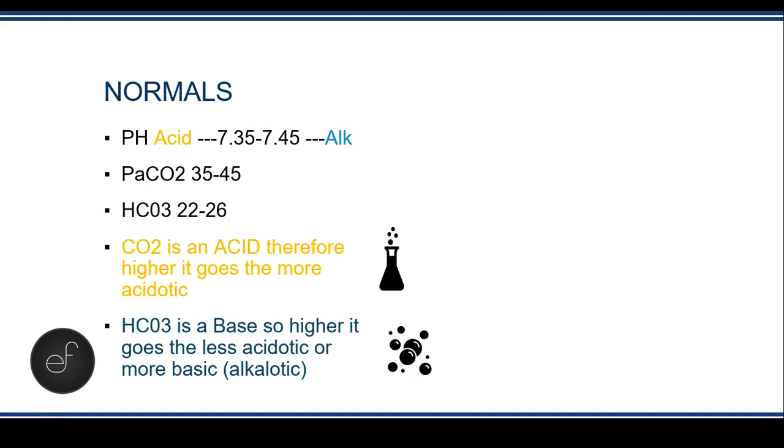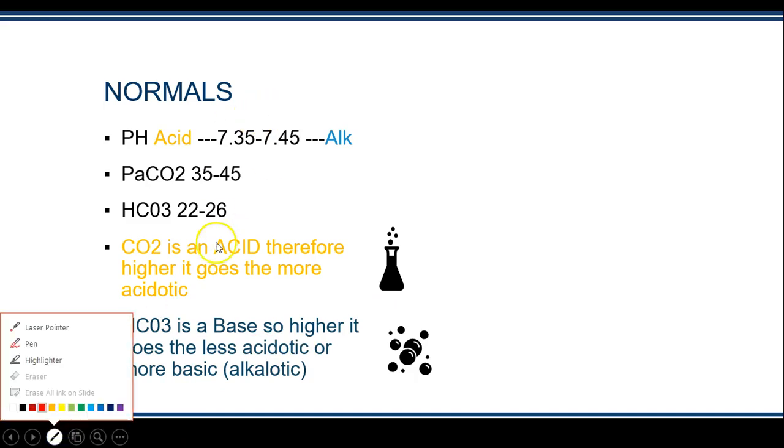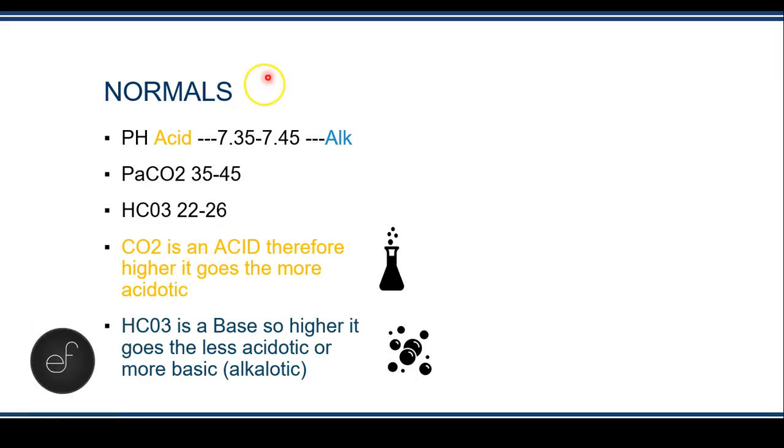The tricky part is that when we're talking about pHs here, when we're less than 7.35 we get more acidotic. It becomes an acidosis. When we're greater than 7.45, we have an alkalosis.